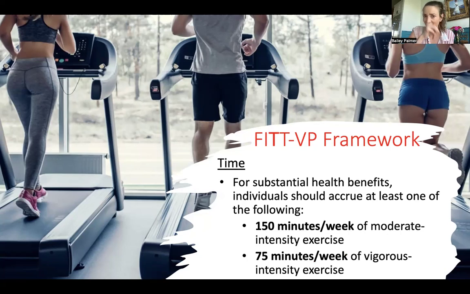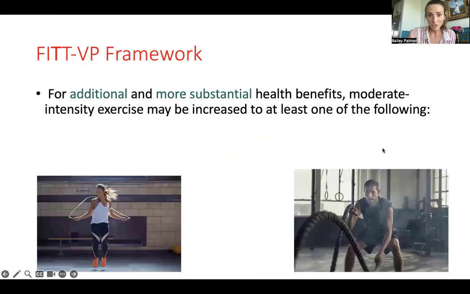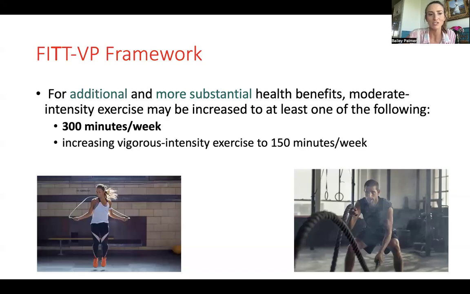But I want you to understand that this is for maintaining your health. It's like maintaining your weight, maintaining your cardiorespiratory fitness, maintaining your muscular endurance fitness, okay? This is maintenance. If we want to see additional, more substantial health benefits for moderate intensity exercise, we need to increase the 150, double it basically, to 300 minutes a week.